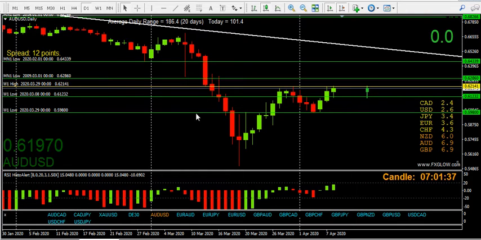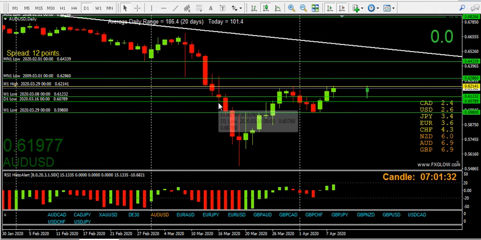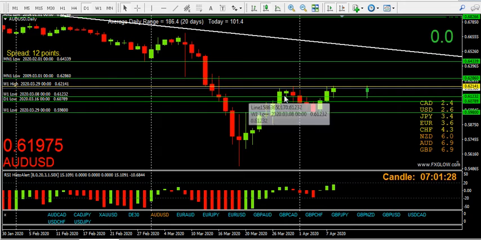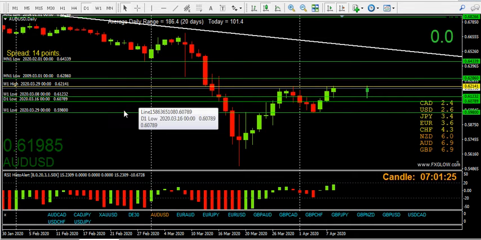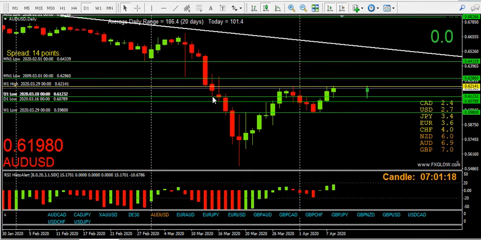I suppose we ought to go and look on the left hand side. That support has been broken through and closed through twice. The next support up is that one there, which was also a weekly, broken through.